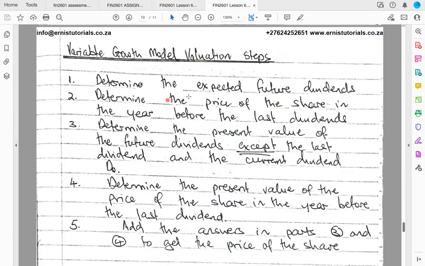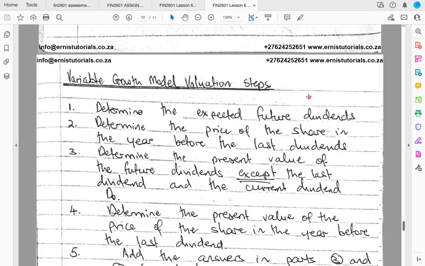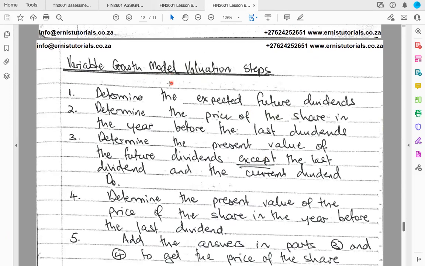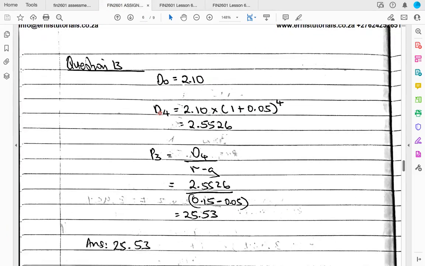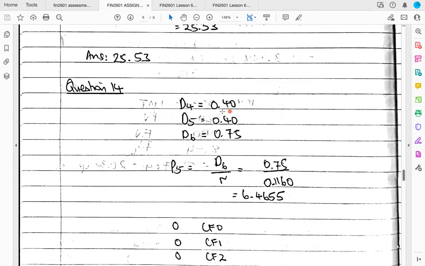So first, determine the expected future dividends. Remember, variable growth model, or when you have a number of different dividend payments going into the future. So the first part of the question has already been done for us, right? We've already determined that D4 is 0.4, D5 is 0.4, D6 is 0.75.